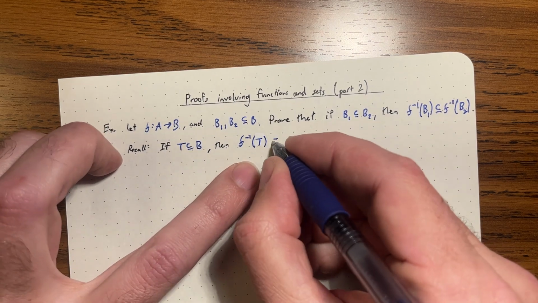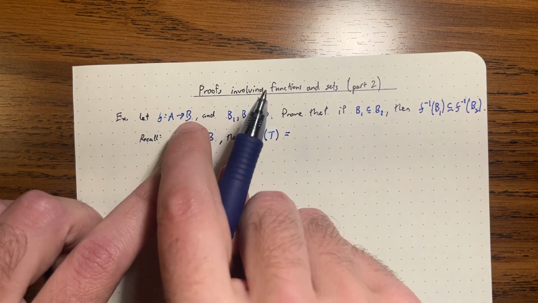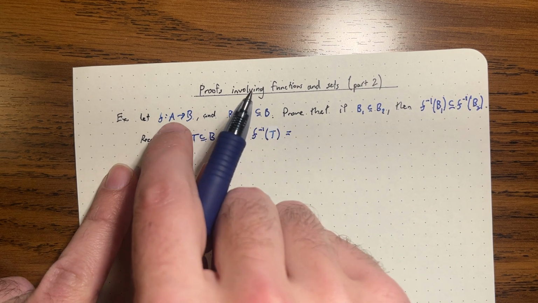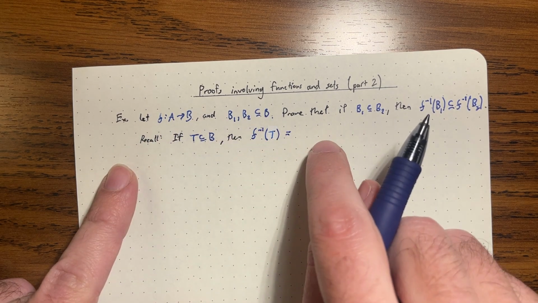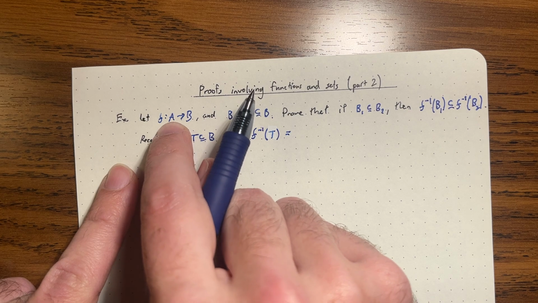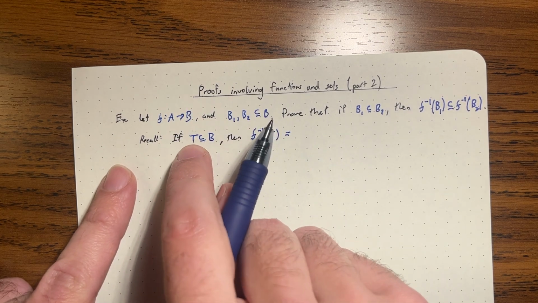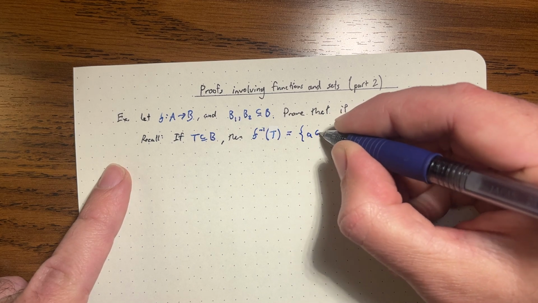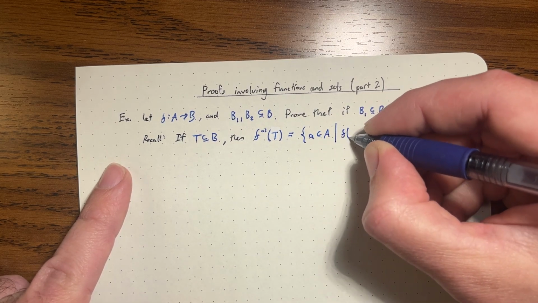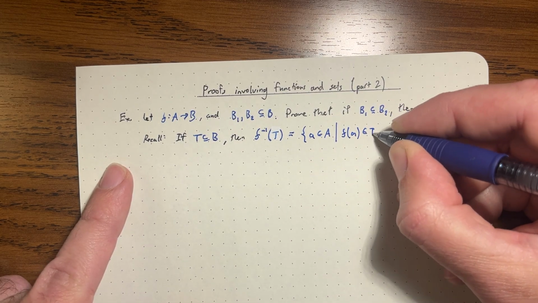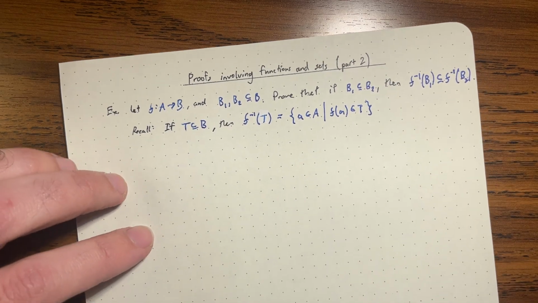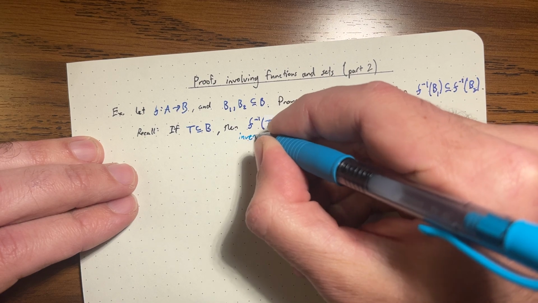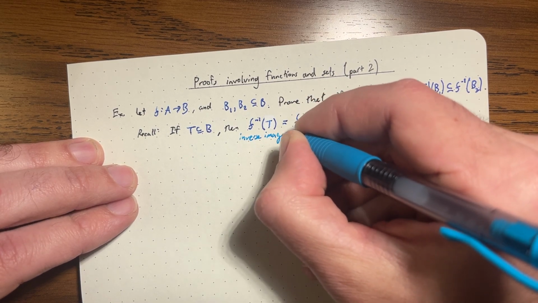What is it? Well, T is over here, and you are considering the set of all elements over here in A that map to T. In other words, this is all the a in A such that f of a is in T. That's the inverse image. A very, very important construction. The inverse image of T under f.